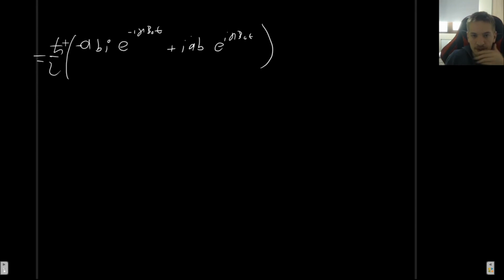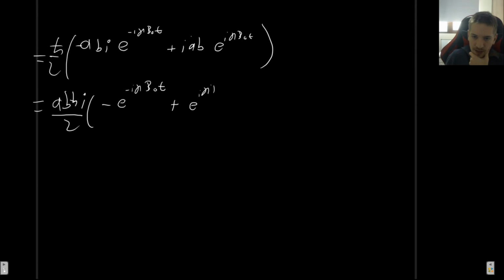Okay, so what do we have right here? Well, we can factor out the ab, so we get ab ħ divided by 2. In fact, we can factor out the i as well. And then we have minus e^(-iγB₀t) plus e^(iγB₀t).